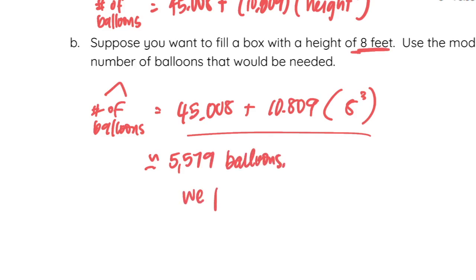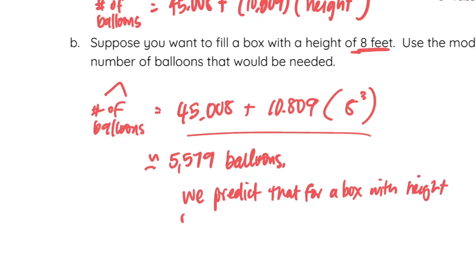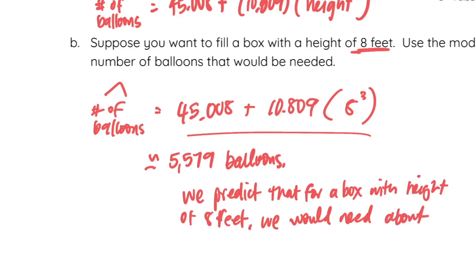So we predict that for a box with height of 8 feet, we would need about 5,579 balloons.